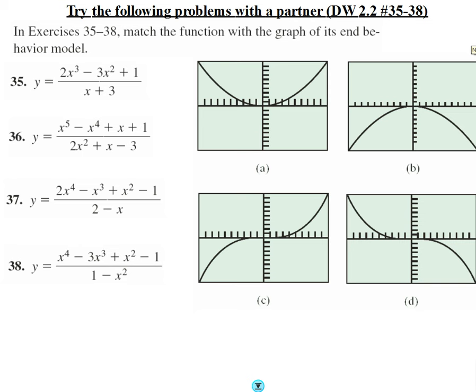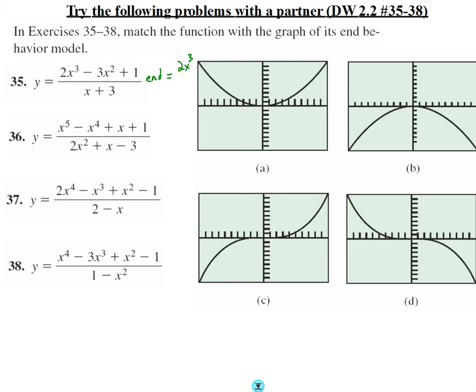So the question becomes, what end behavior model works for this? What I need to look at is the end behavior. The end behavior of the top is going to be 2x cubed. That's my highest power.